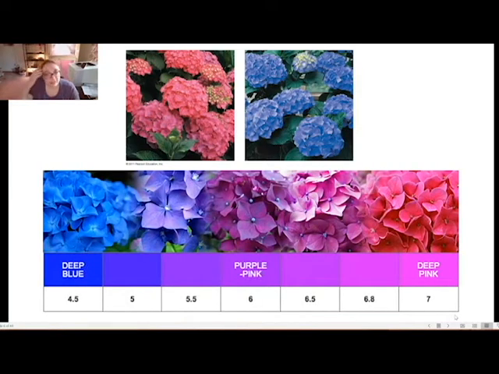So if the soil is basic, then the flowers are pink, and if it's acidic, then the flowers are blue. It has nothing to do with genetic differences. So in fact, you can actually have one hydrangea plant, and if you change the pH of the soil that hydrangea plant is in, it's going to change the color of the flower. So one plant can go from pink to blue depending on what the pH is.